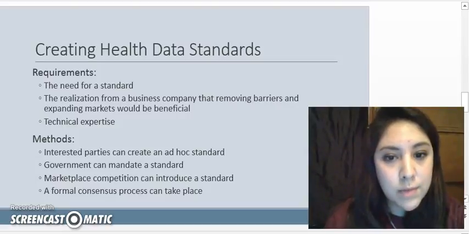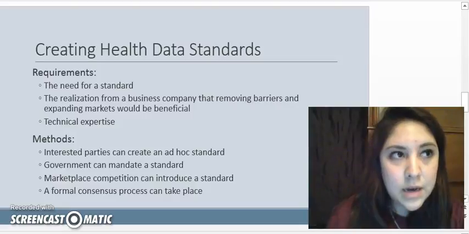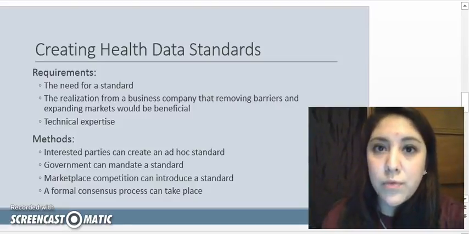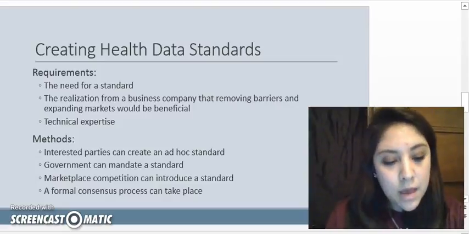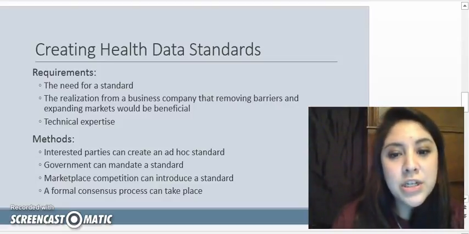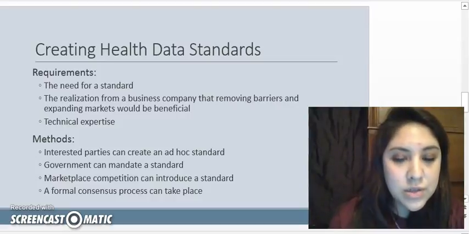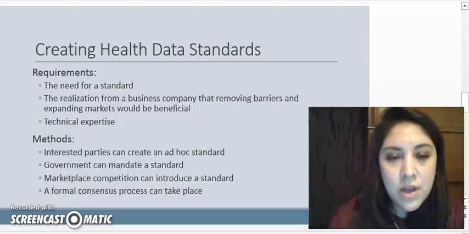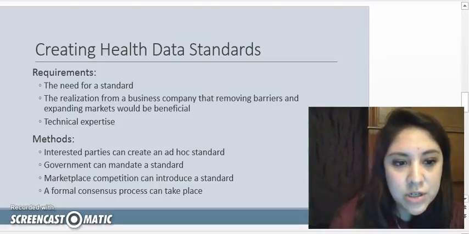There are also government-mandated standards, which, for example, could be the change that we're going to be implementing on October 1st from ICD-9 to ICD-10. There's also marketplace competition that can introduce a standard. An EHR vendor could release the newest version of their EHR, which does not work well with previous versions.